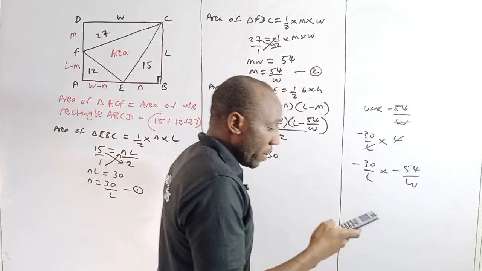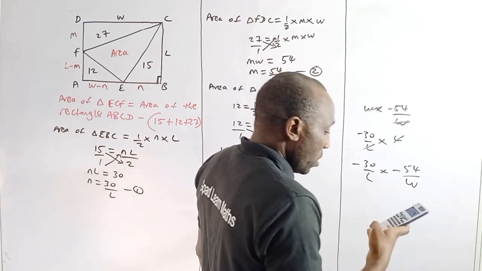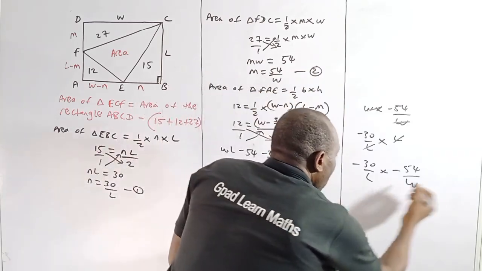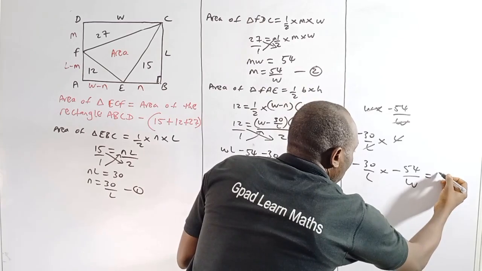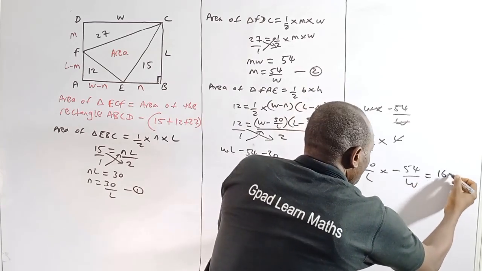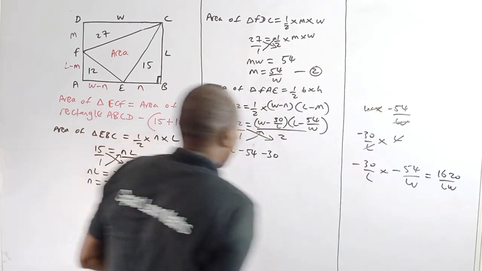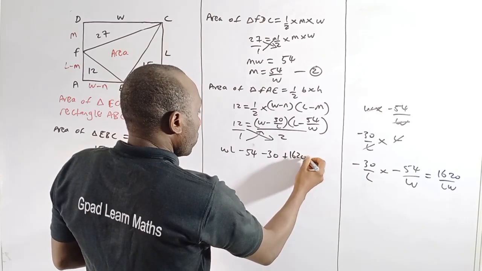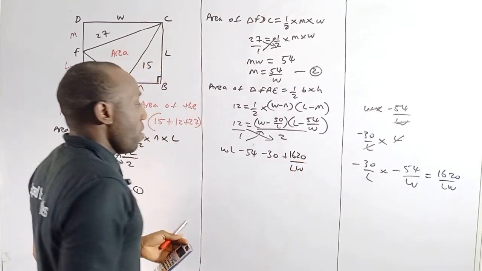So 30 times 54 is 1620. If you minus and minus is plus, so 1620 over LW. So I'll come here and write what? Plus 1620 over LW. All right.